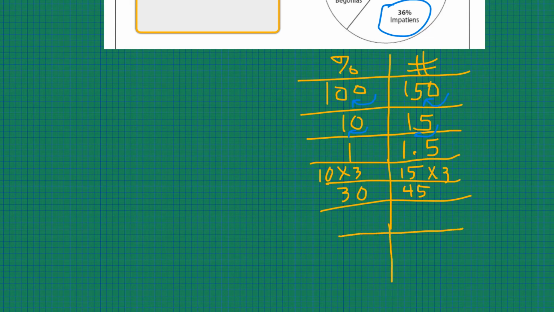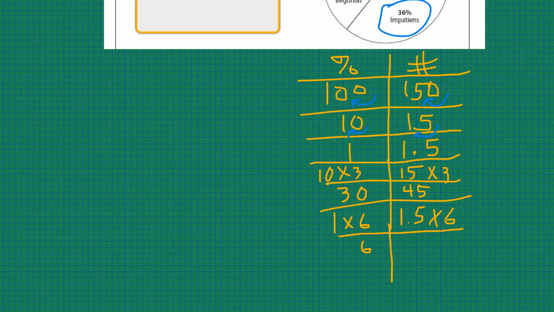Well, I need 6% now, right? So I'm going to take my 1%, multiply it times 6, and I get 6%. Well, if I can do that to the left, I can do that to the right. So I'm going to take my 1.5 and multiply that times 6. Do it on your calculator.